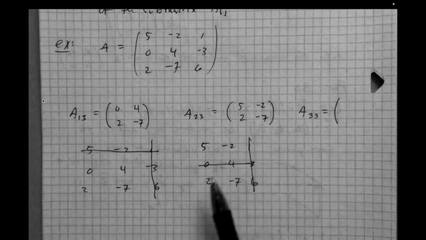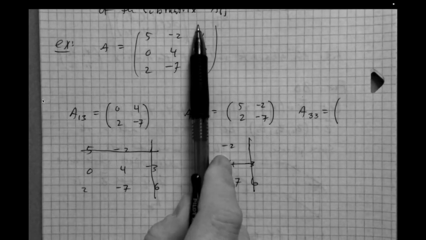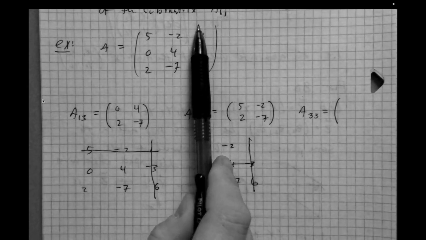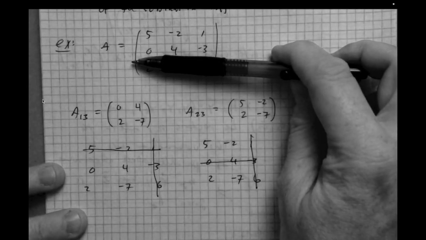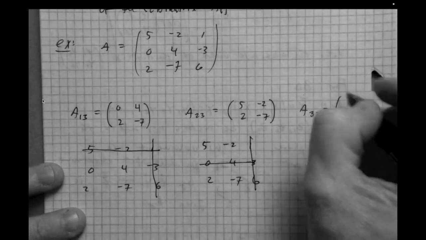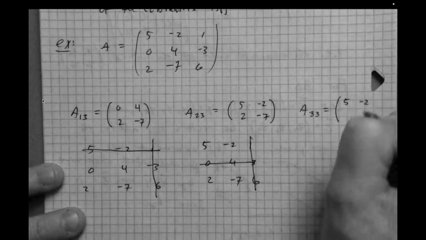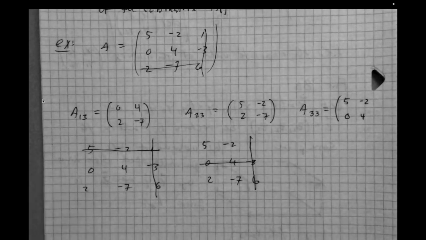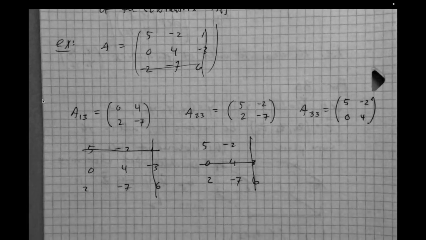Eventually you want to be able to do this without rewriting the matrix each time, so you can just imagine that column gone and that row gone. So the A33 submatrix is 5, -2, 0, 4, again just imagining those two out of the picture. That is what we mean by the submatrix.